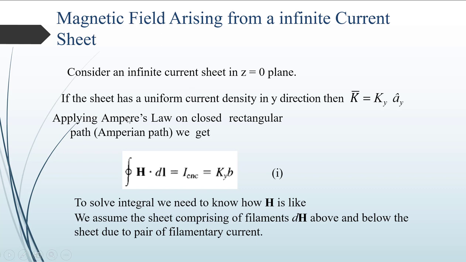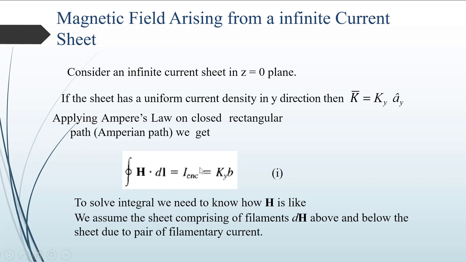The sheet has uniform current density in the y direction, and it is expressed by a letter K bar, which is given by Ky Ay cap. So according to Ampere's law, which can be applied to the closed path, we can say that the closed integration of H dot dl is equal to I enclosed.